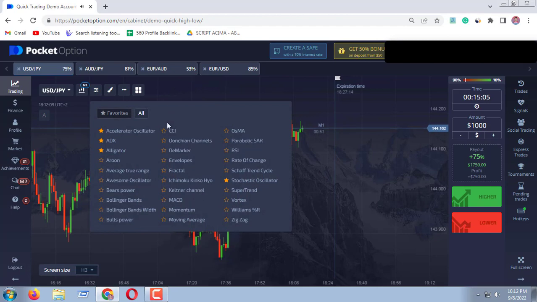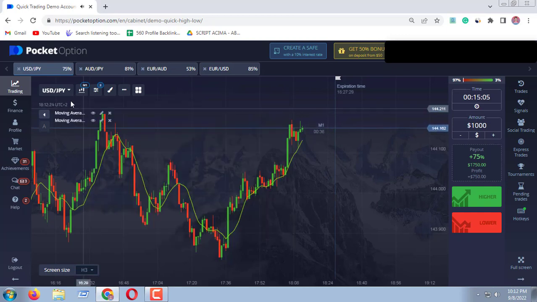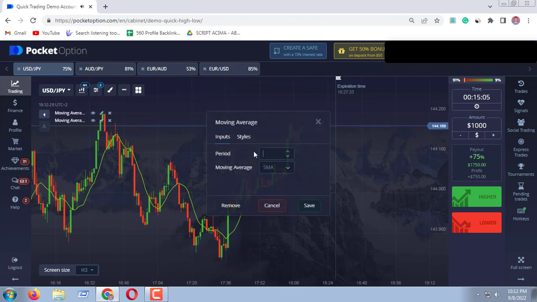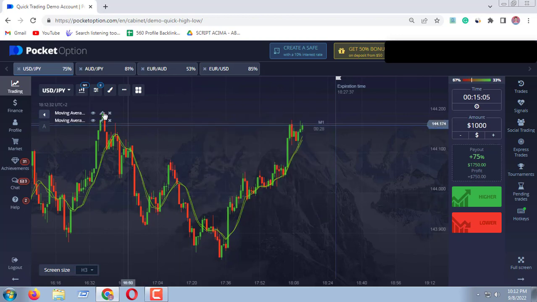first go to the indicator section and click moving average, okay, and double click the moving average and the setting is 9. Click save.